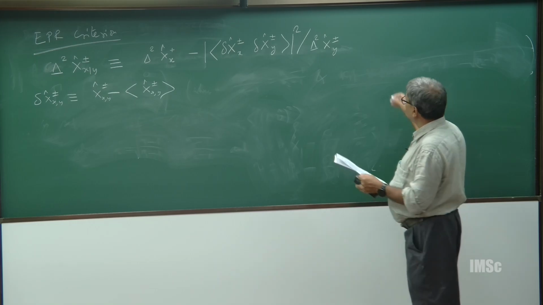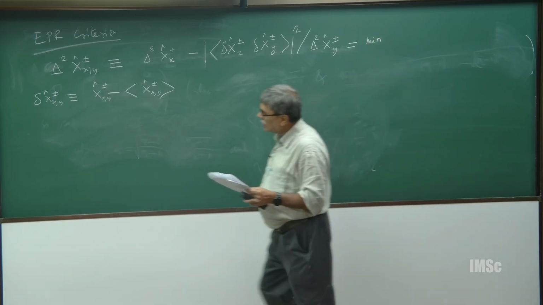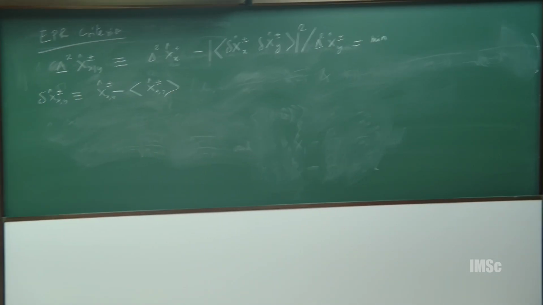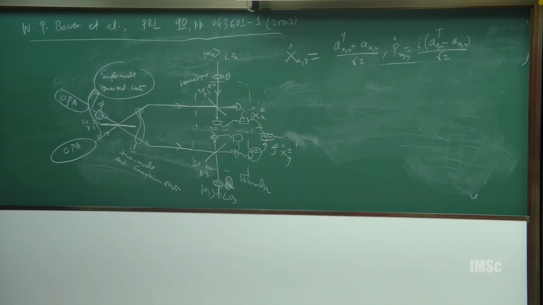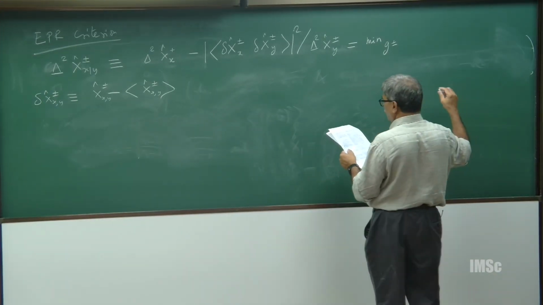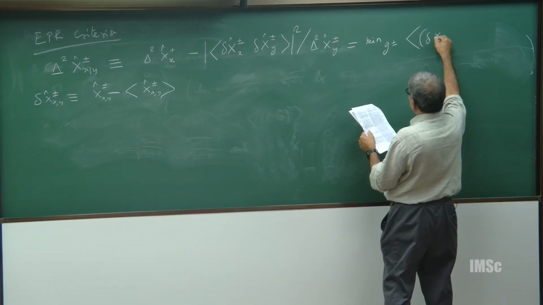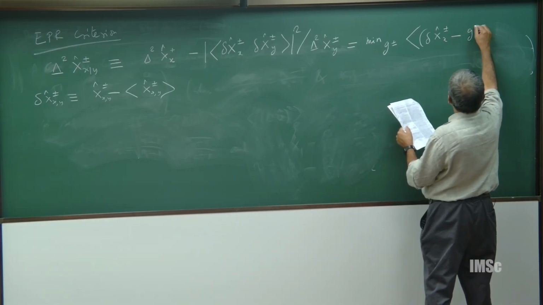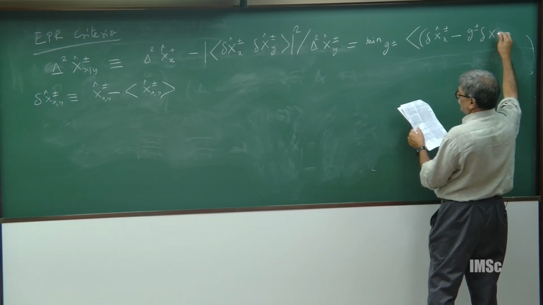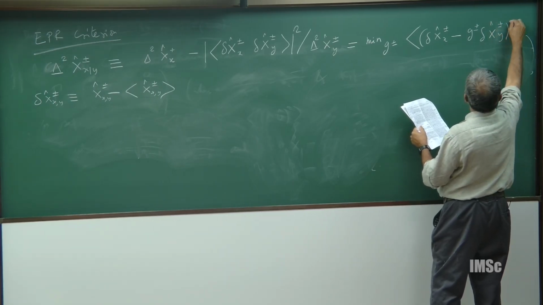In fact one can show that this is also the same as the minimum over this parameter g plus minus of this quantity: delta x plus minus, x minus g of plus minus, delta x plus minus y, and then square and then average.